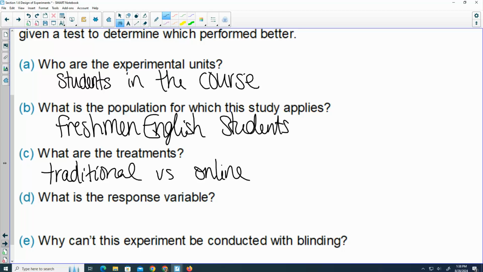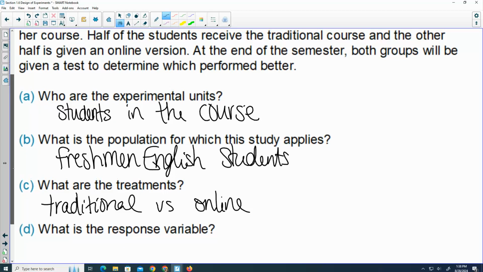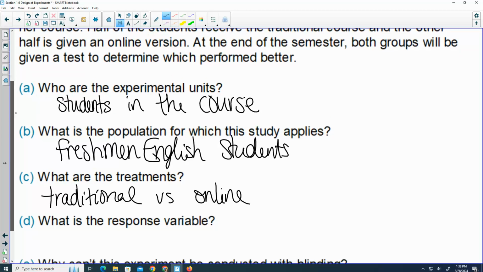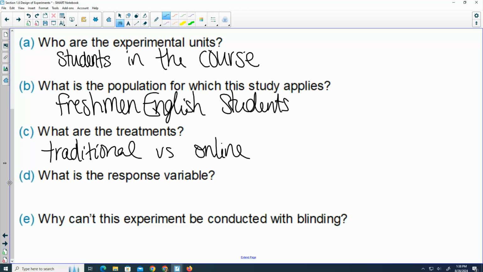Every student is placed in one of those. Okay, what is the response that we are measuring? How well they're doing? At the end, every group takes the test to determine who does better. So it's the test score.